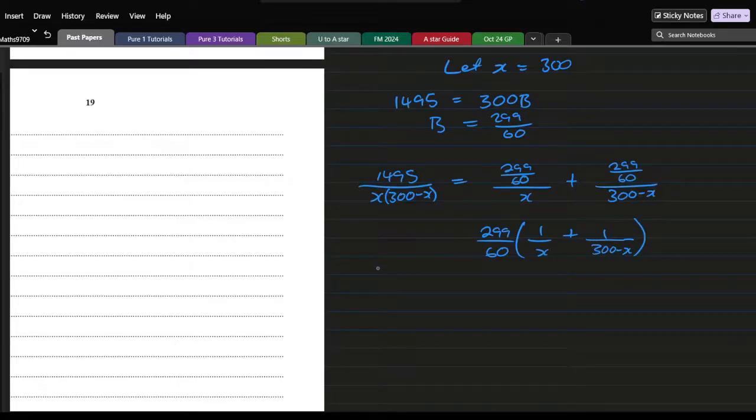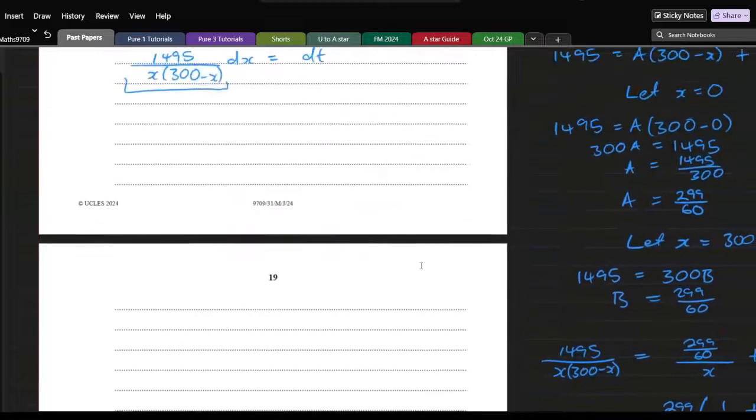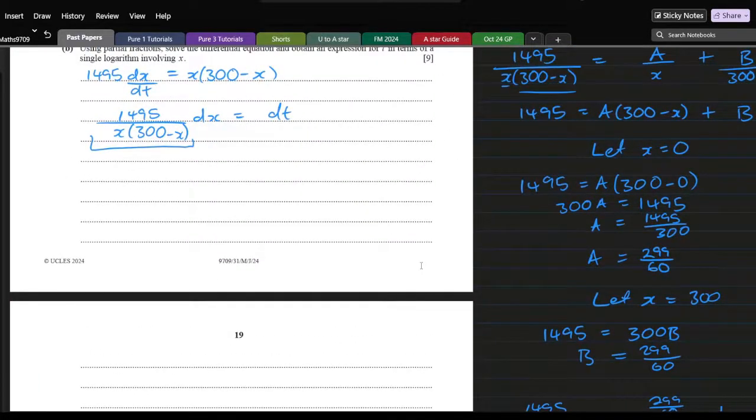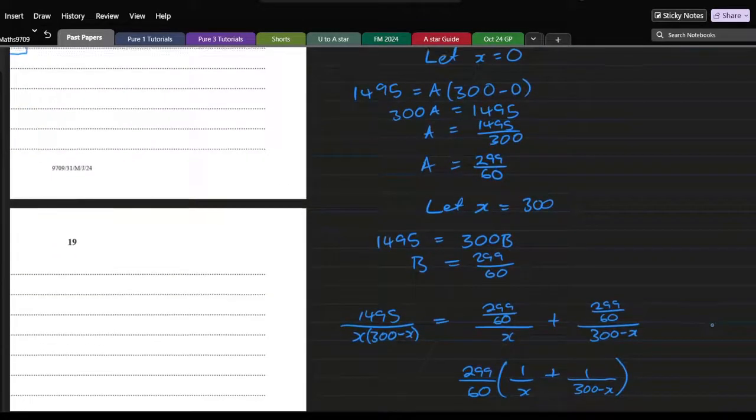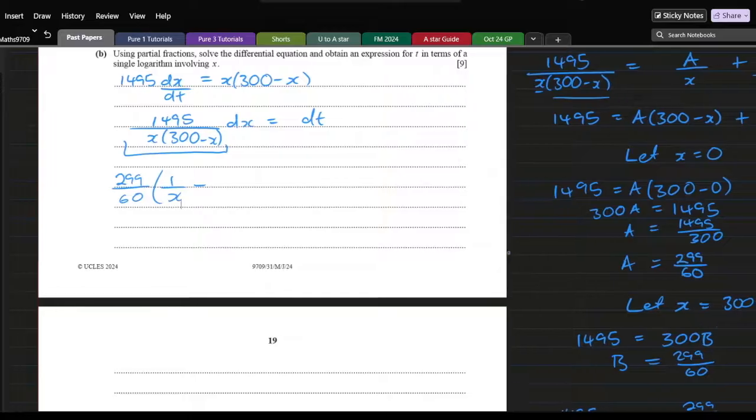Right, and we can go back to our equation and say that the left hand side can be written as 299 over 60 times (1 over x minus, right, minus or plus, it's plus 1 over (300 minus x)) with respect to x, and this is equal to dt.